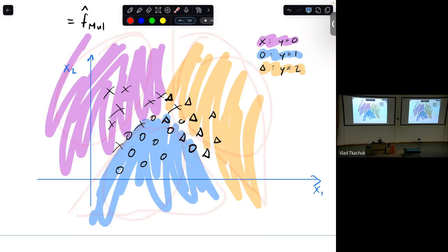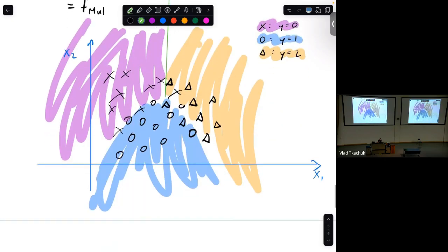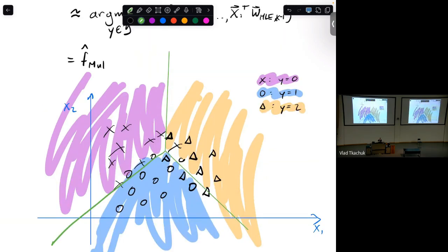Naturally, there's going to be a point at which the largest probability changes from one class to another, and that is where the decision boundary will be. That is exactly how you can visualize your predictor. In the purple region it's predicting 0, in the blue region it's 1, and in the orange region it's 2. And these are the boundaries.